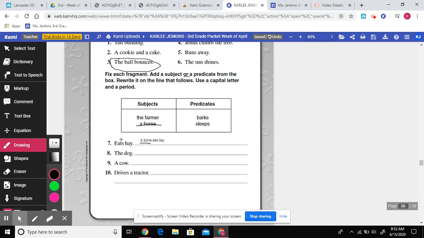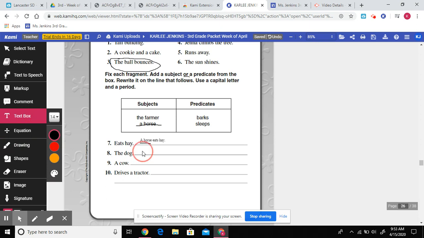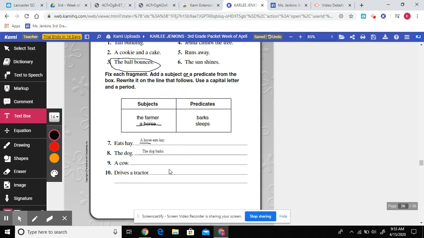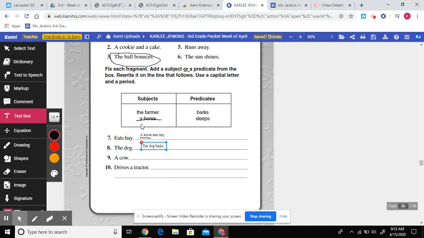It wouldn't be barks the dog. It would say the dog barks. So let's add that in there. Almost capitalized dog. The dog barks. And easy, right? Okay, so continue the rest on your own.